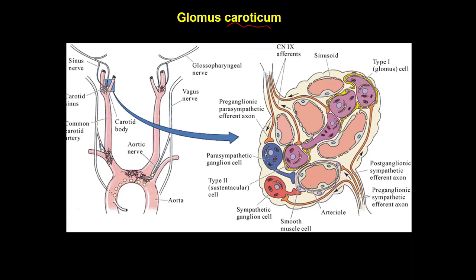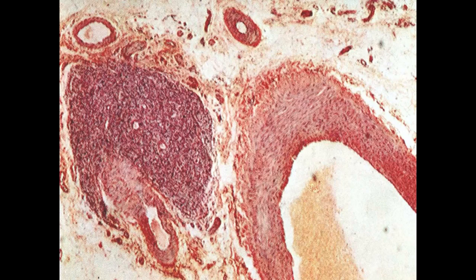And the glomus is actually an accumulation of ganglionic nerve cells that are very sensitive to oxygen levels and pH levels, and also carbon dioxide levels, but especially oxygen levels. This is how it looks.